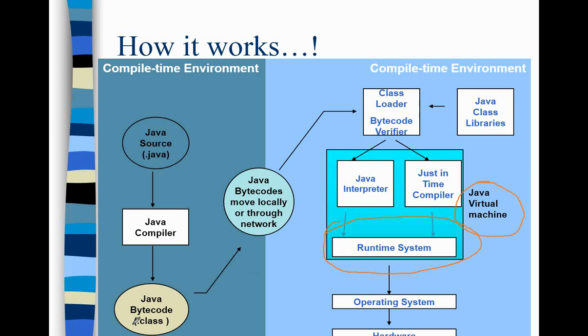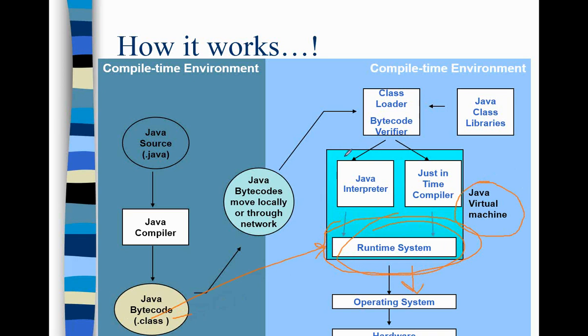Exactly. So when you provide a bytecode, the JVM checks whether it was compiled on a 64-bit or a 32-bit machine, and the runtime system also knows the underlying architecture of your computer.